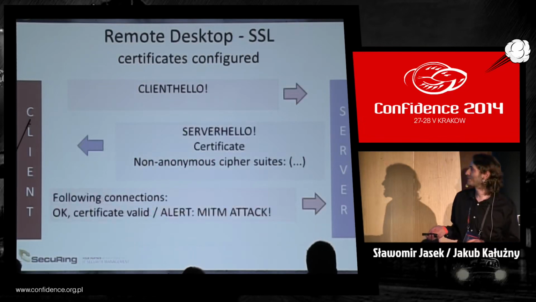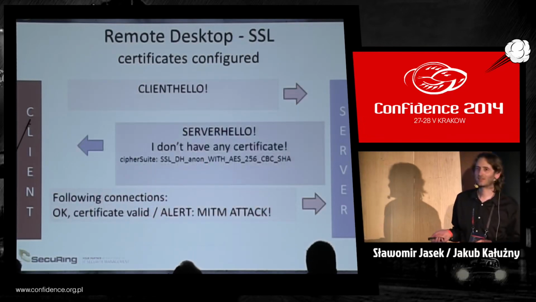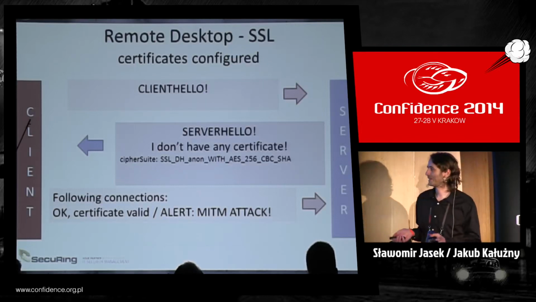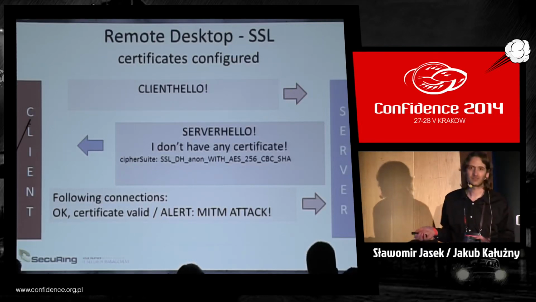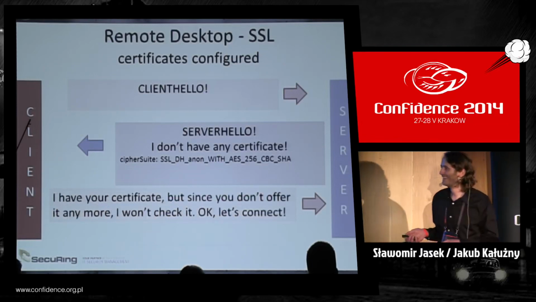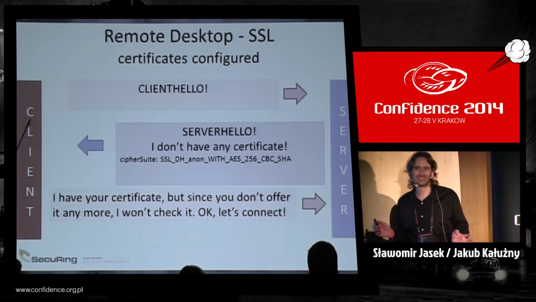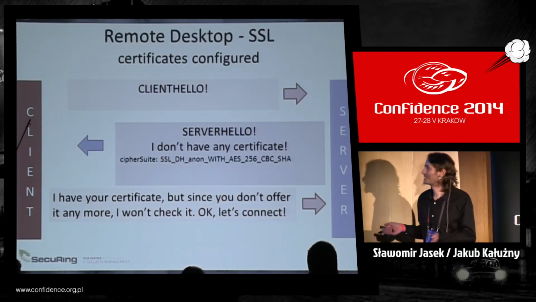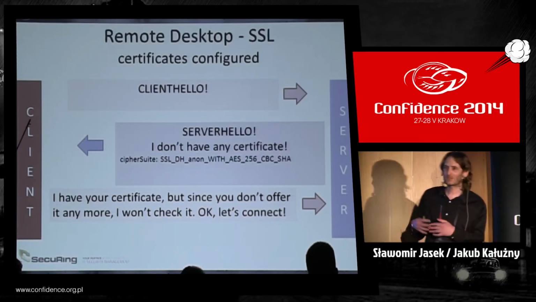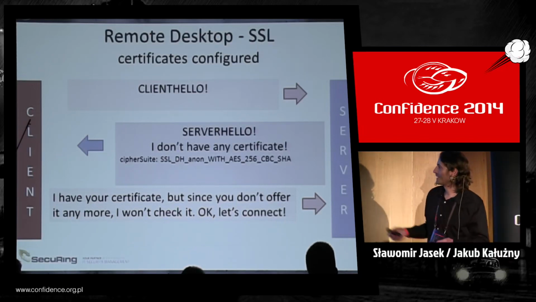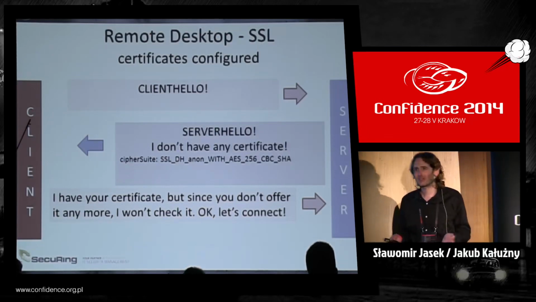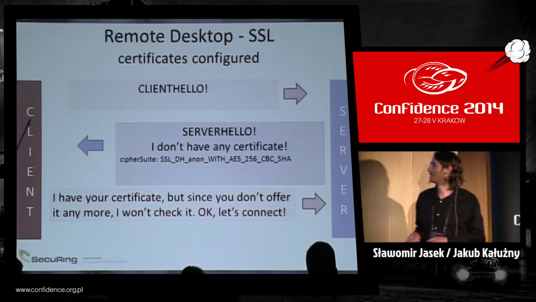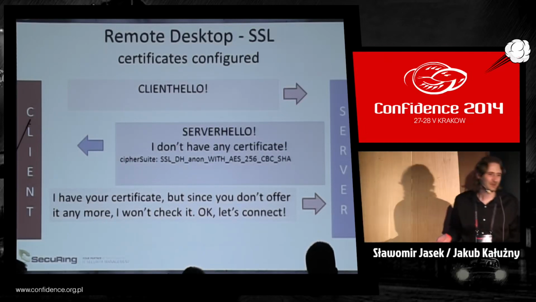How about if we send something like that to the client? Well, we would expect that he alerts that there's something wrong with the connection, but he happily accepts it. So it turned out that we can do just a simple protocol downgrade, and the client forgets its certificate and accepts the connection. We can do the man in the middle in this example.